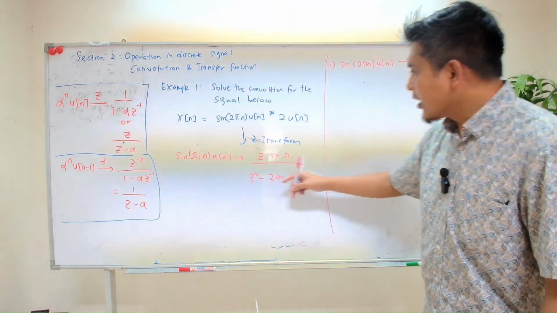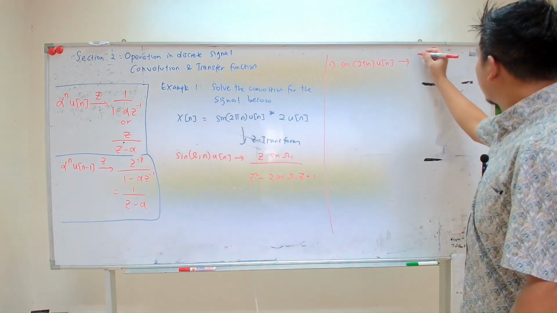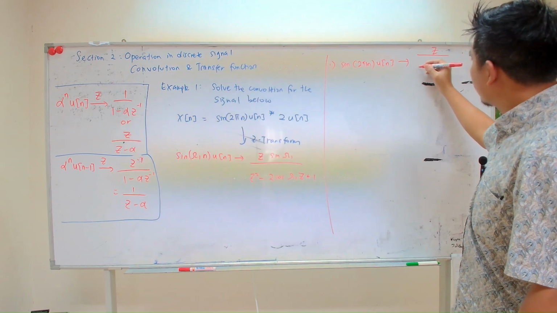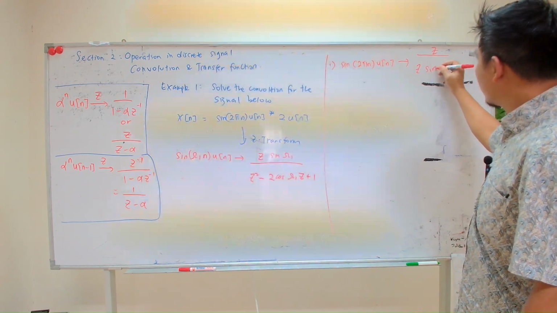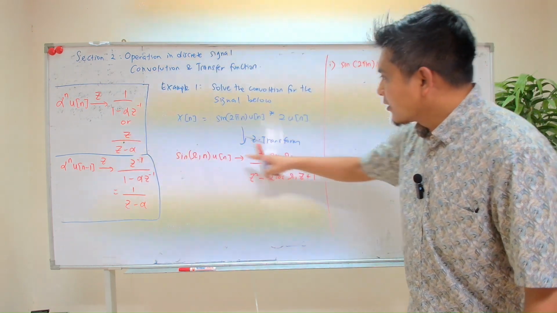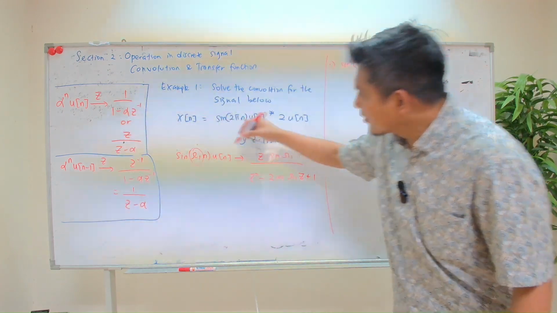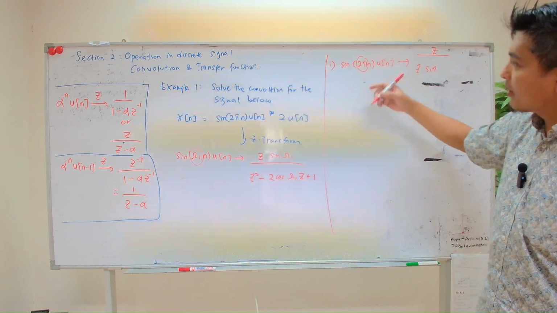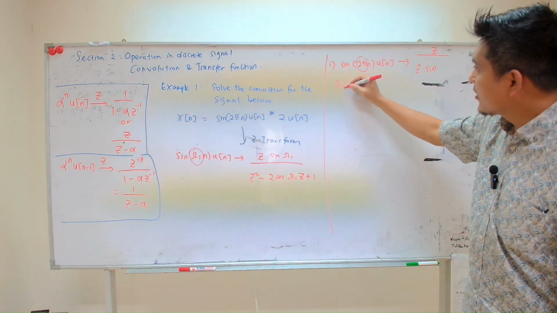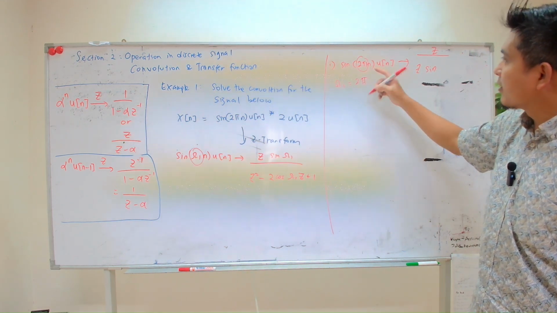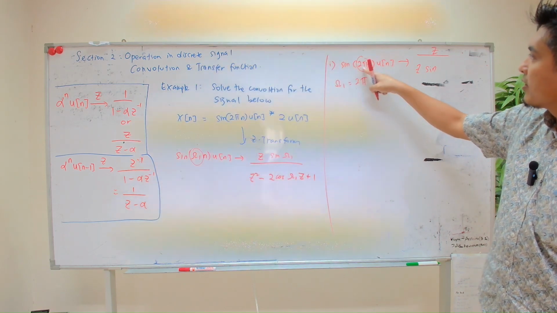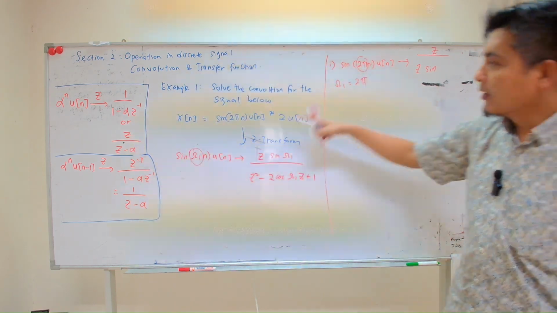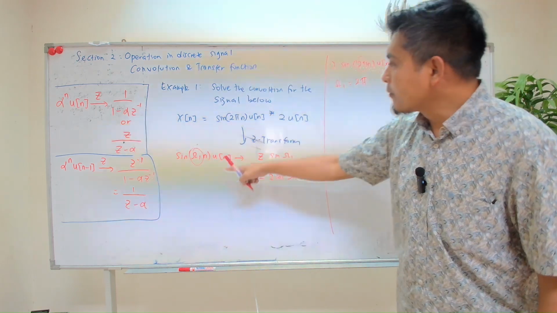By following this, the omega 1 here actually equals 2π if we compare with this form.